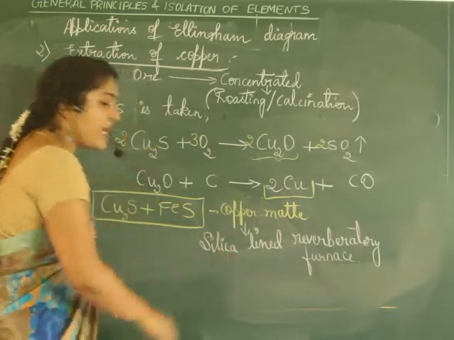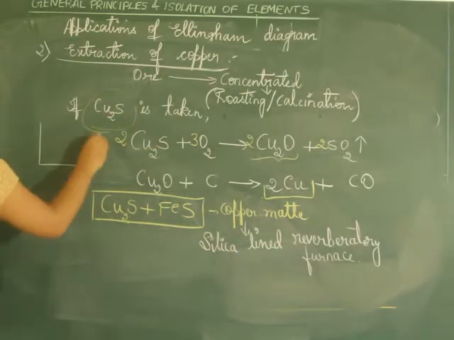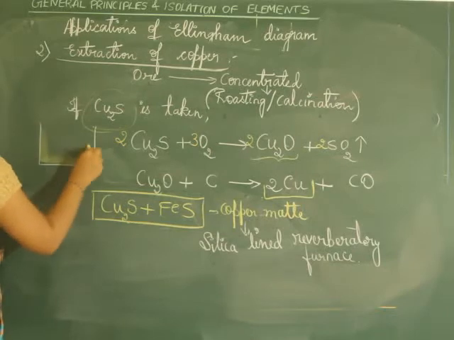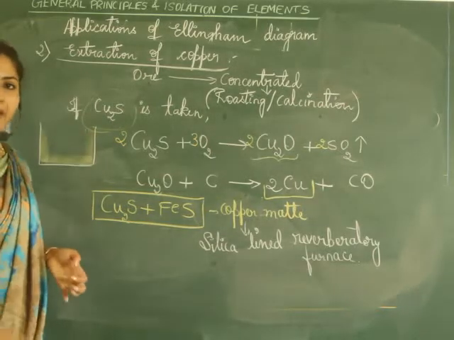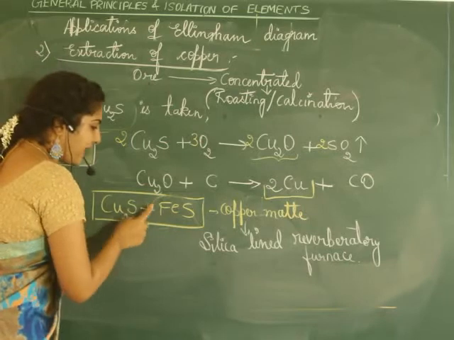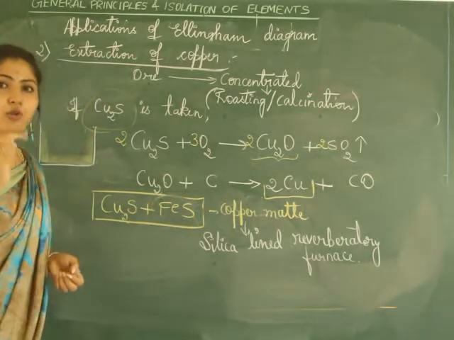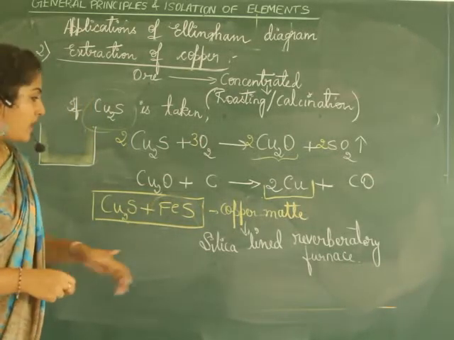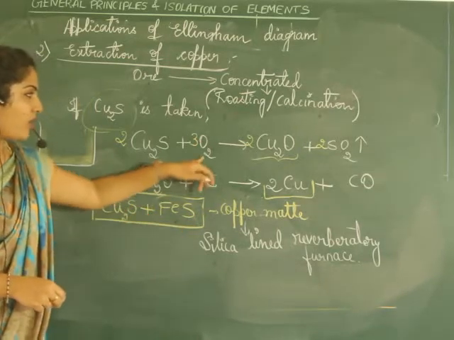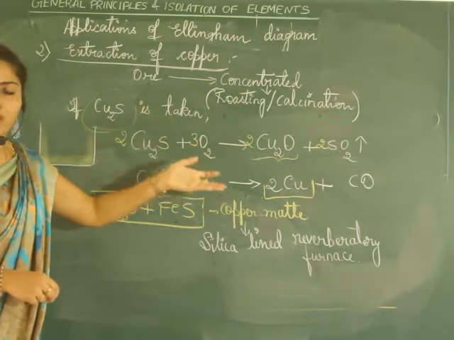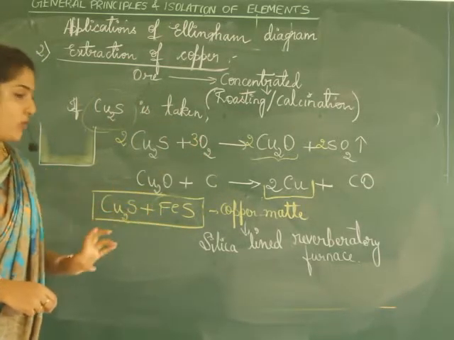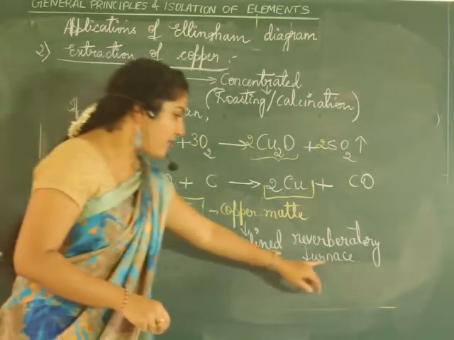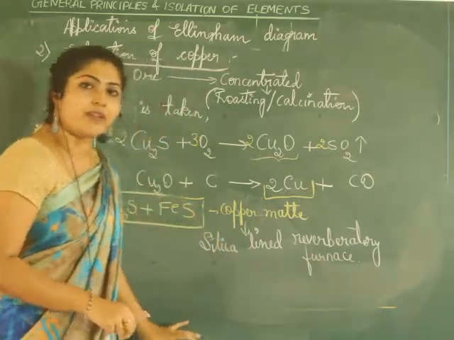In the furnace you will see a lining of silica. Why do we want a lining of silica? Because we have FeS, which is the impurity. I have told you how to remove it. So FeS also will react with oxygen and form FeO, which separates as FeSiO3. So again, silica lined reverberatory furnace and the following reaction takes place.